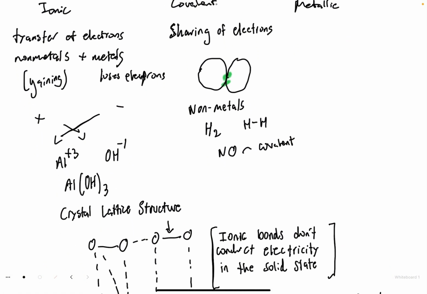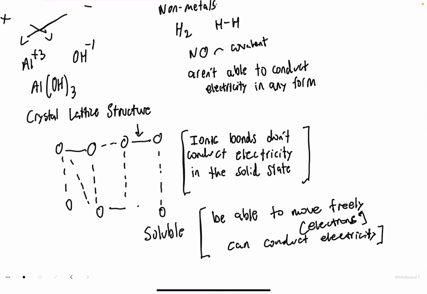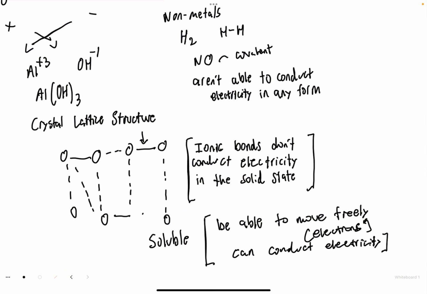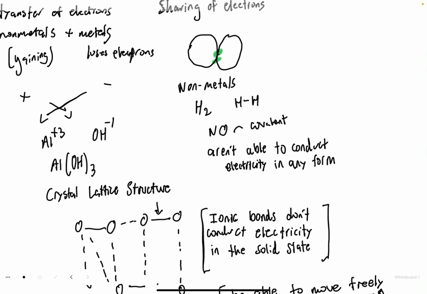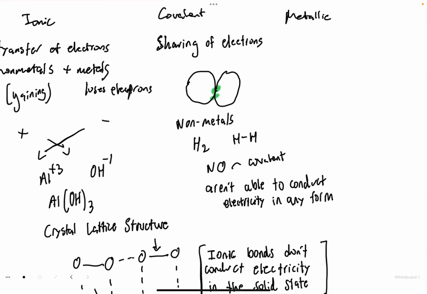And they aren't able to conduct electricity in any form. So as we mentioned before, how ionic bonds were able to conduct electricity in the soluble form, covalent bonds, on the other hand, can't conduct electricity at all.